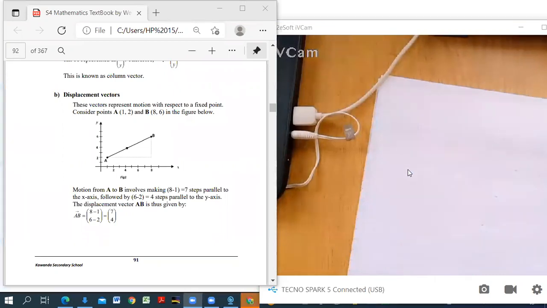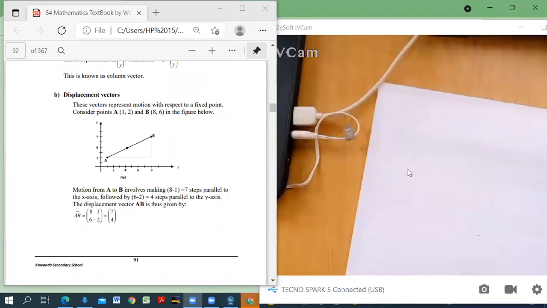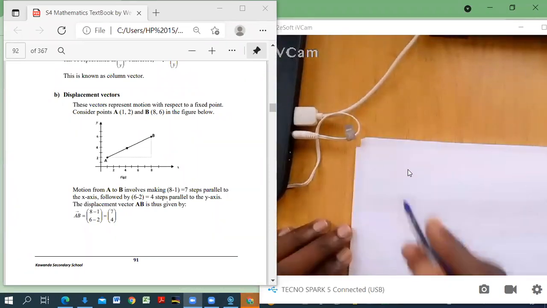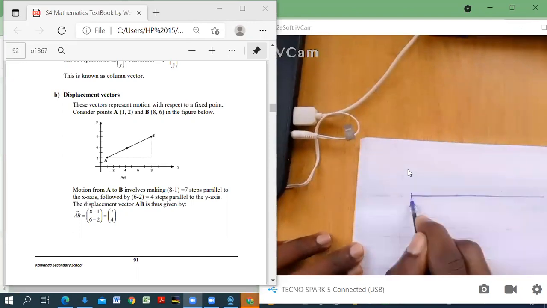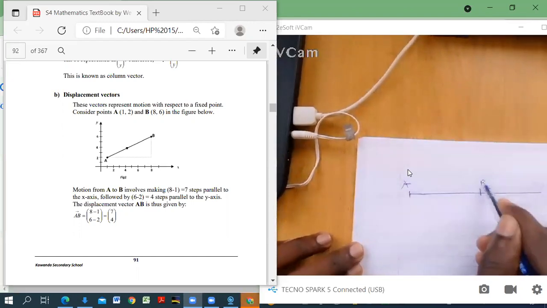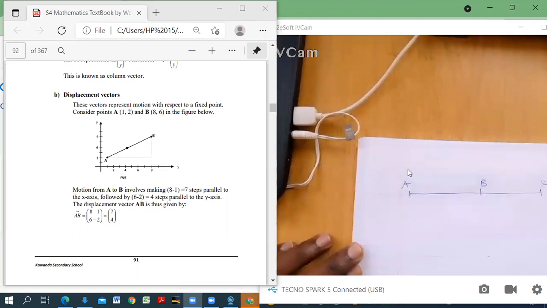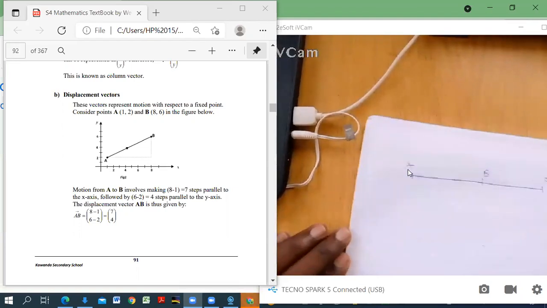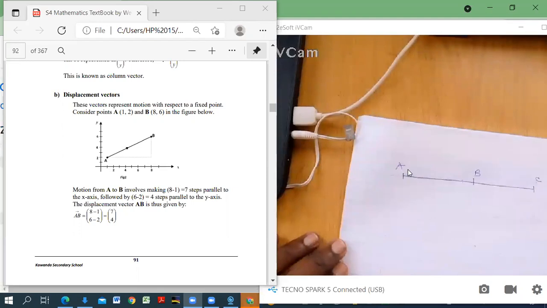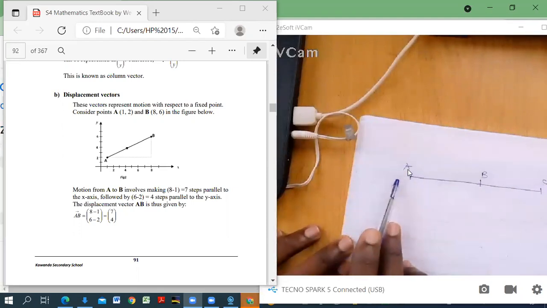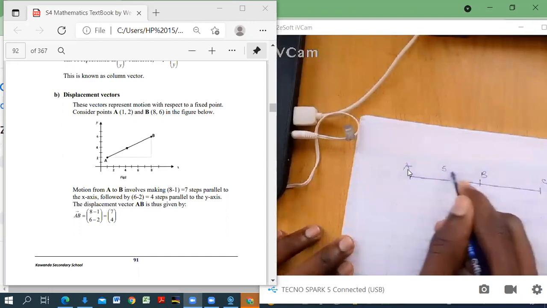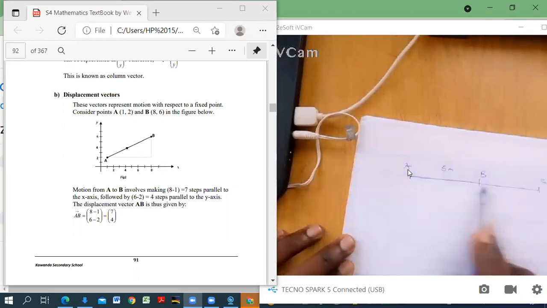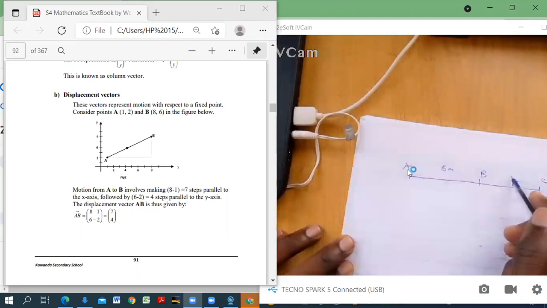So if that is true, take for example, if I have these 2 points, I have point A, I have point B, then I have point C, right? Are you seeing that? Yes. Now, if the distance from A to B, let me say, is 5 meters, then from B to C is 3 meters.